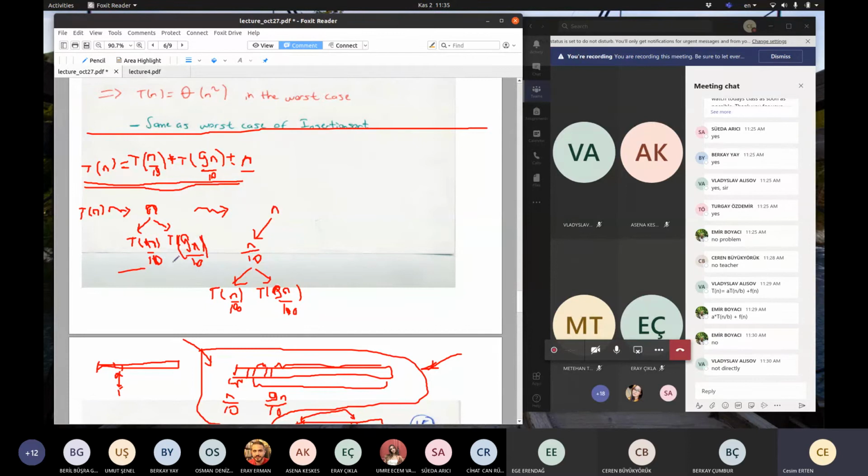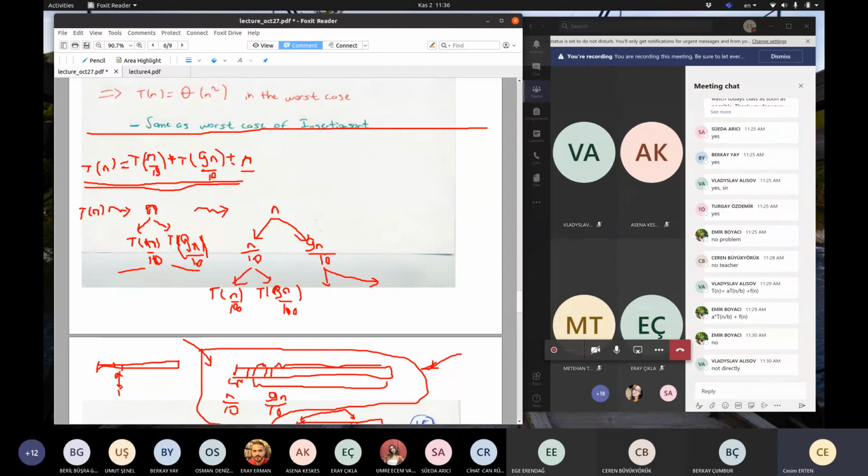Now let's do the same thing for T of 9n divided by 10. How can I represent the subtree of this term? Again, we do the same thing. In the equation for T of n, we replace n with 9n divided by 10 everywhere. So the term in open form will be 9n divided by 10, plus these T terms where we replace n with 9n divided by 10.